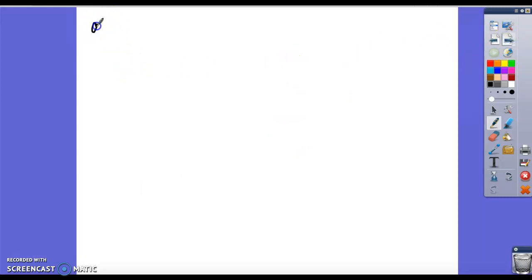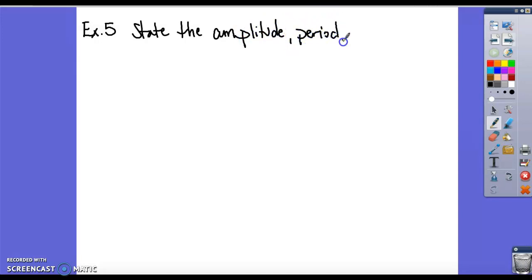Okay, so last example, example 5. We're going to state the amplitude, period, phase shift, and vertical translation.